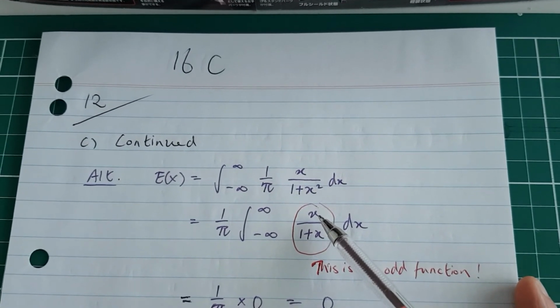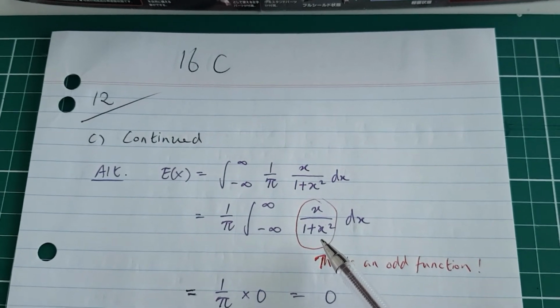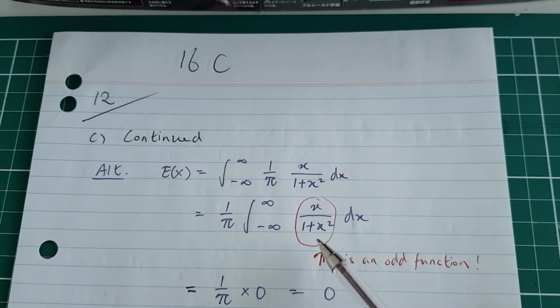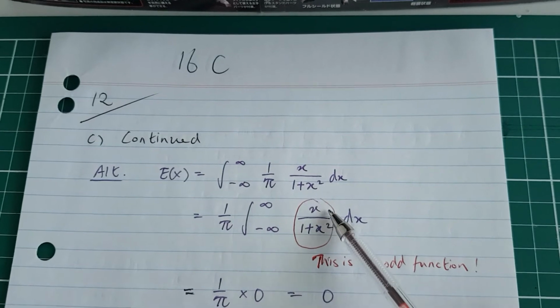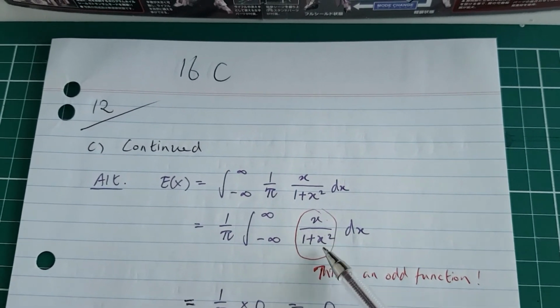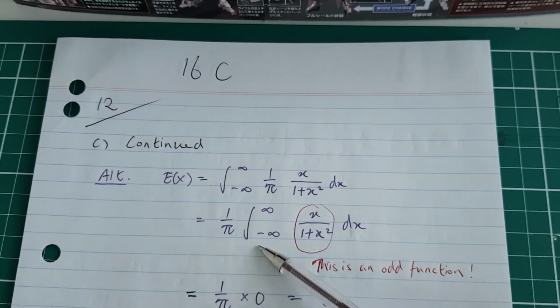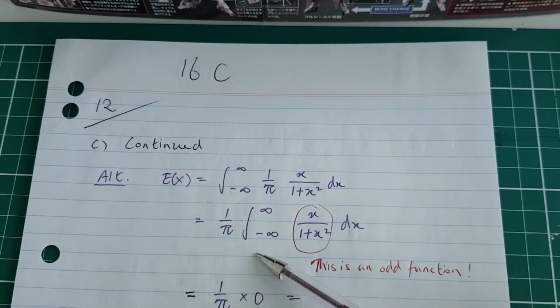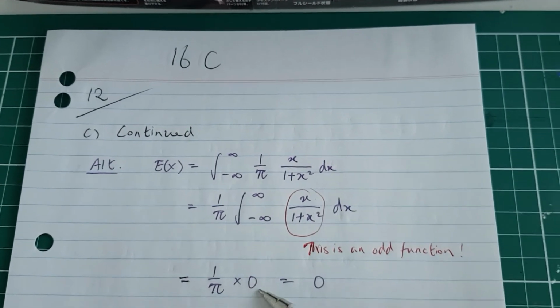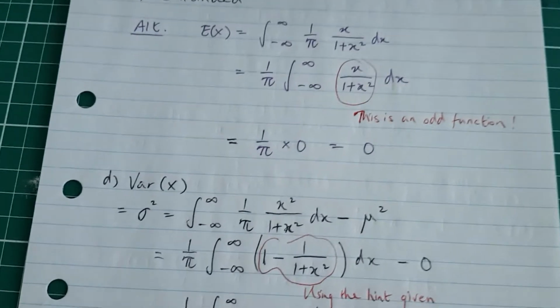It has a rotational symmetry around the origin, and this one has the line symmetry about the y-axis. So, odd function divided by an even function is still an odd function. So odd function with the symmetric values being evaluated, that's always going to give you 0. So that's 0. Okay, so that's another quick way of doing that.